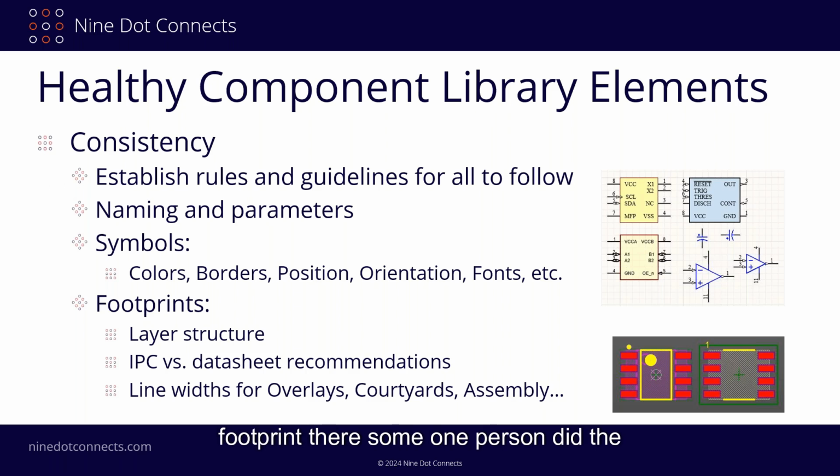Like you see on the footprint there, one person did the overlay with a couple of lines, the other one did a full outline, one used a pin 1 indication with a number, one used a dot. All that stuff is just inconsistencies that make things harder down the line. So keeping those consistent is very important.